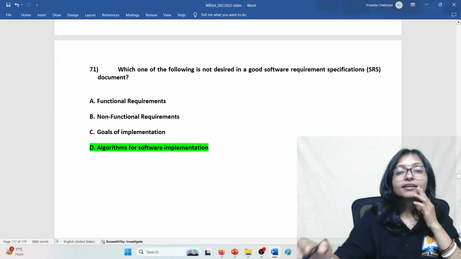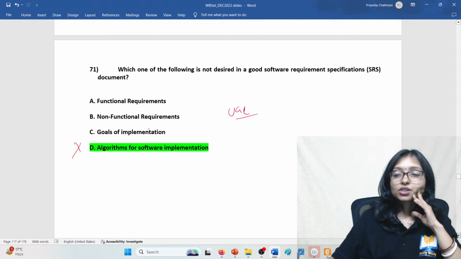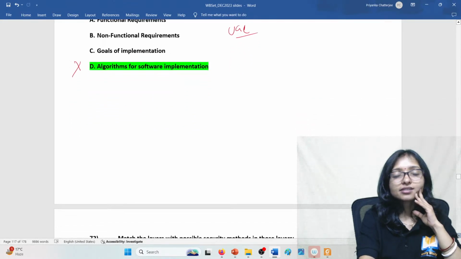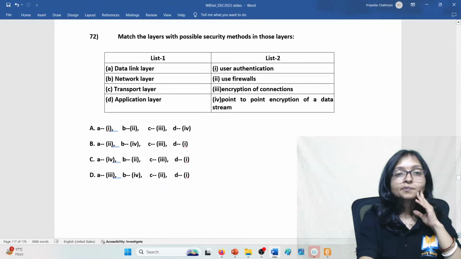Yes, here algorithm of implementation. This is actually a UGC NET PYQ. This was there in UGC NET also. So algorithm is not at all required for requirements. SRS does not require an algorithm.